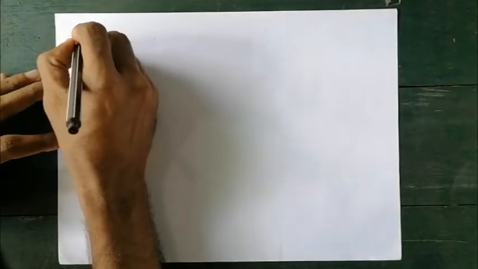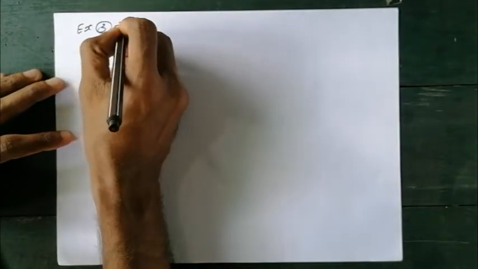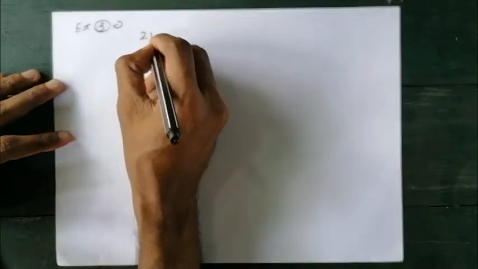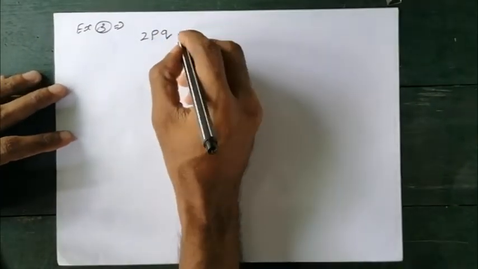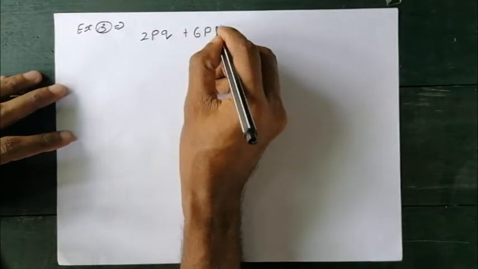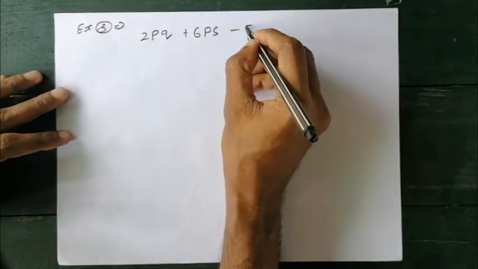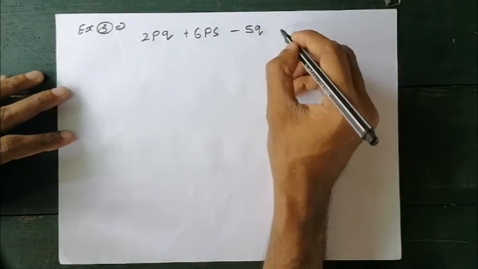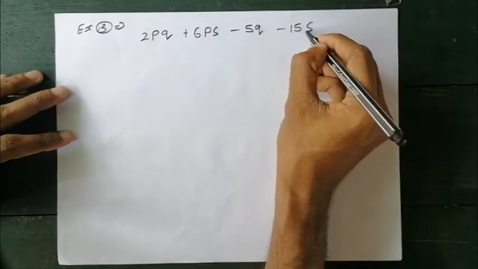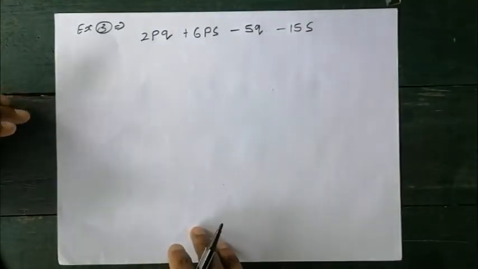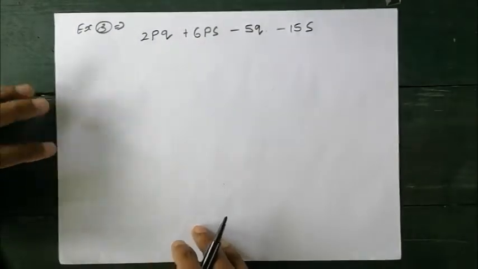Okay, you have the third example. 2pq plus 6ps minus 5q minus 15s. So we are going to pair as it is.